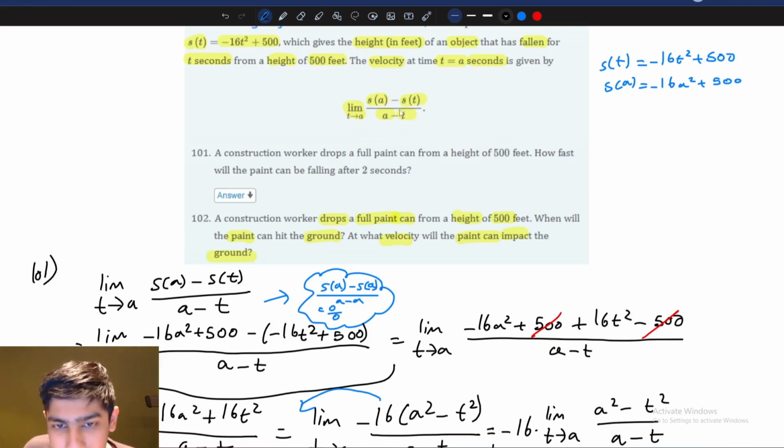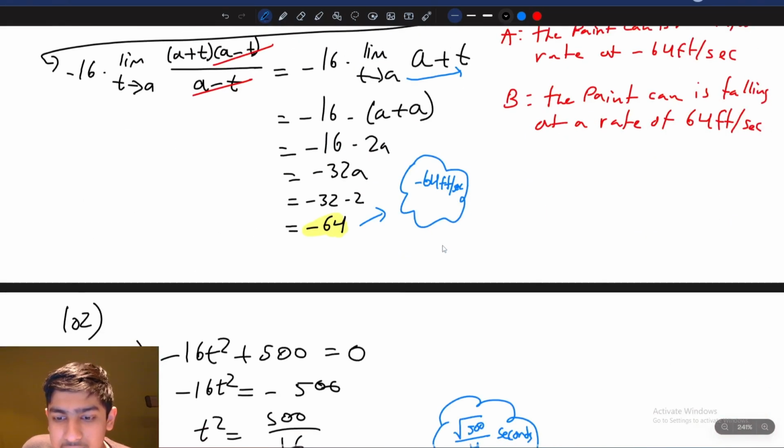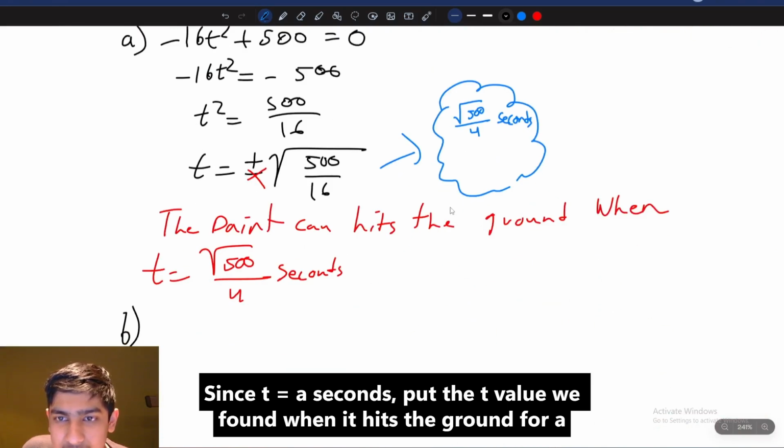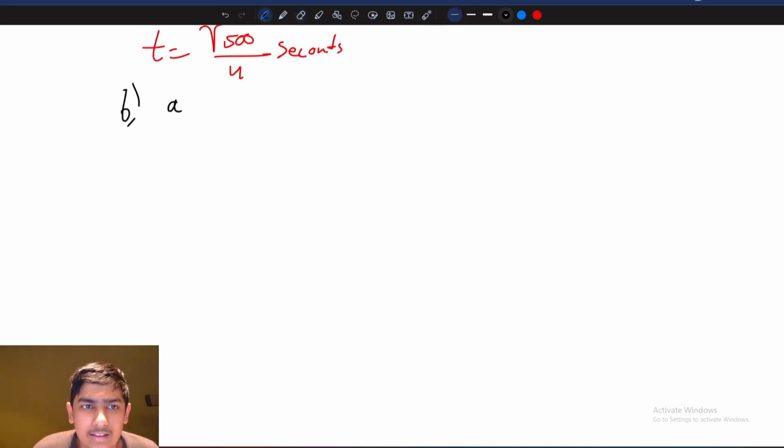So pay attention here. At what velocity will the paint can impact the ground? We need to use this t value here in order to do this. So t equals the square root of 500 over 4 seconds.